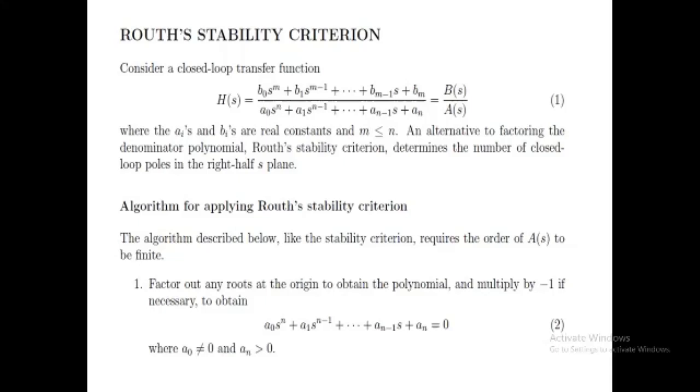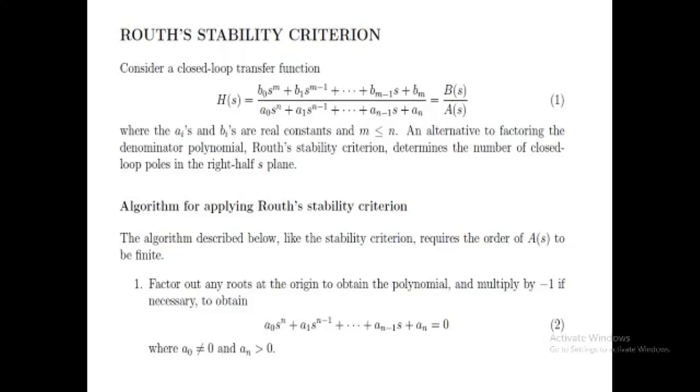So H(s) is equal to, in numerator and denominator, these two sides are to be considered. First consider the numerator, that is b0 into s to the power m plus b1 into s to the power m minus 1 plus dot dot dot plus b(m minus 1) into s plus b m, upon a0 into s to the power n plus a1 into s to the power n minus 1.